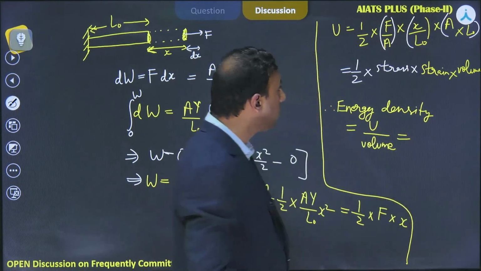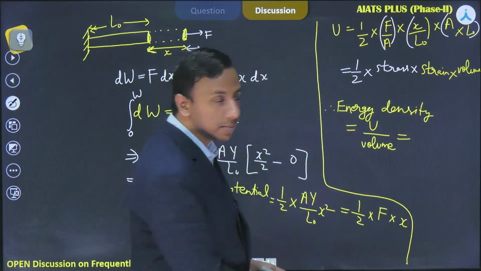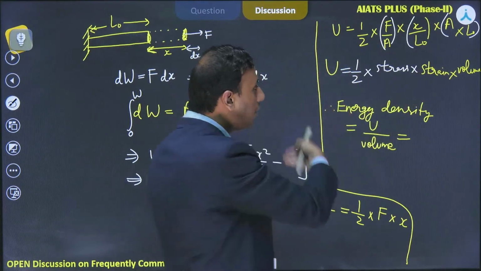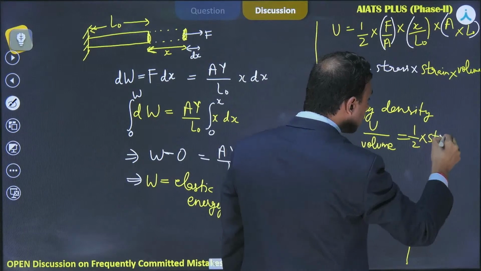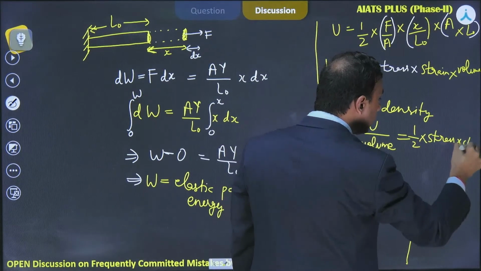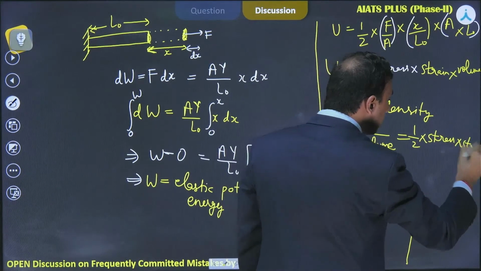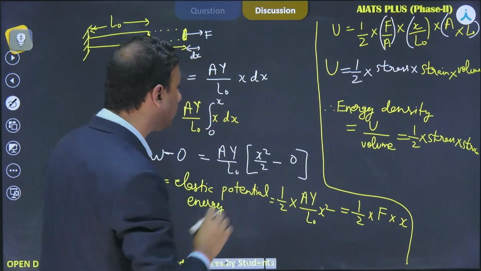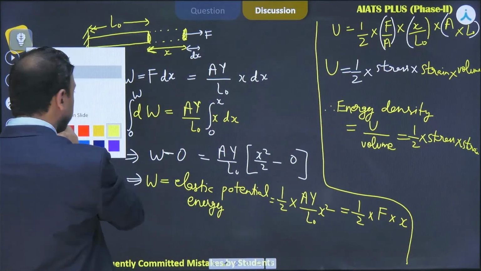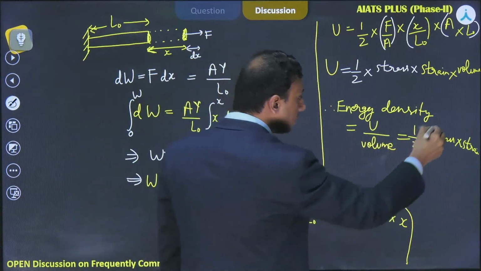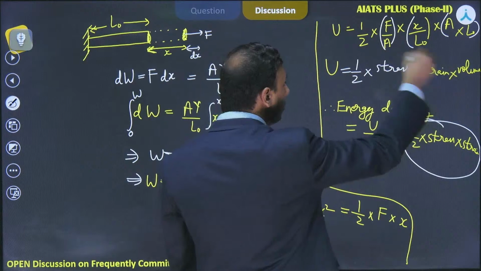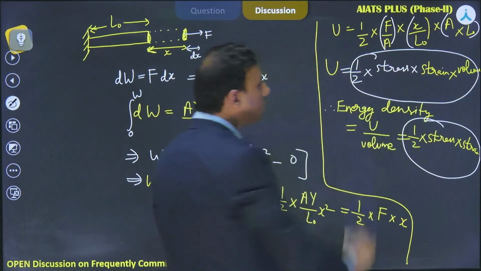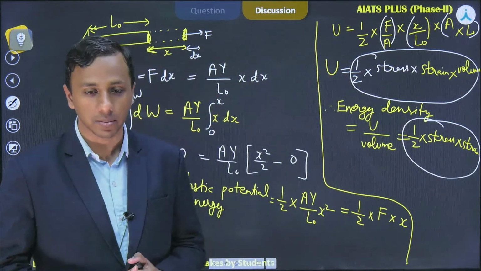And what will this become? Bring volume over there, that's all, isn't it? Half into stress into strain. Okay, half into stress into strain. So please remember these two expressions. This was for your energy density, and this one was for your elastic potential energy.